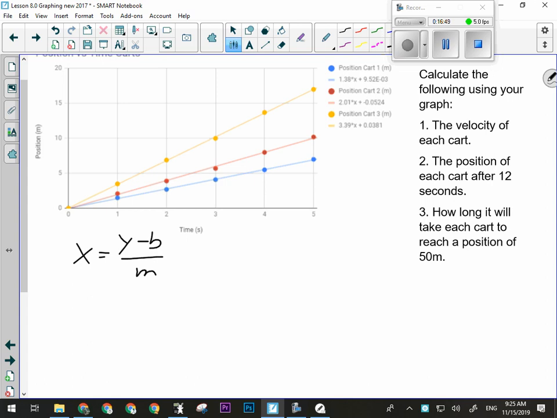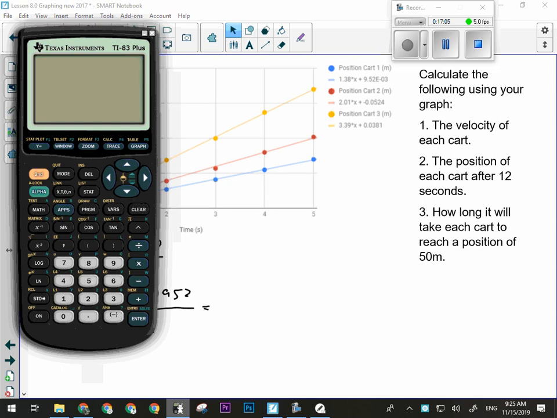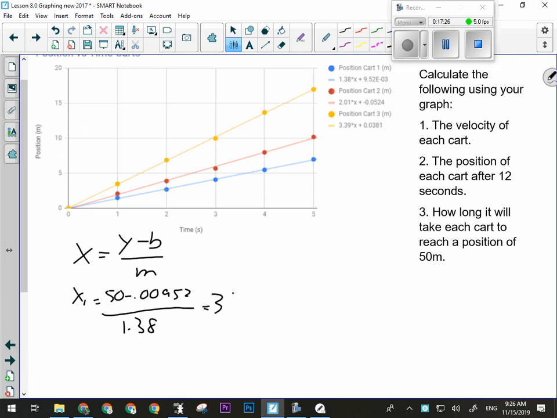So for cart number 1, that's going to be 50 meters minus 0.00952, divided by 1.38. So it's going to take that cart 36.2 seconds to get to 50 meters.